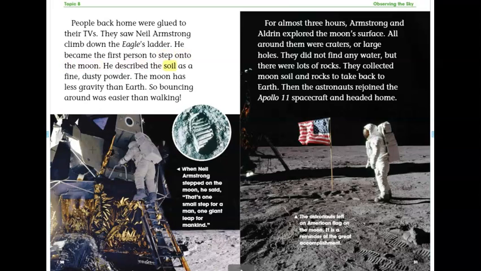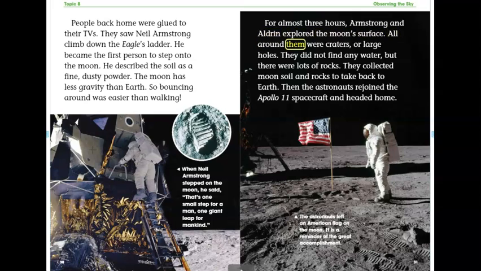He described the soil as a fine, dusty powder. The moon has less gravity than Earth, so bouncing around was easier than walking. When Neil Armstrong stepped on the moon, he said, "That's one small step for a man, one giant leap for mankind." For almost 3 hours, Armstrong and Aldrin explored the moon's surface.